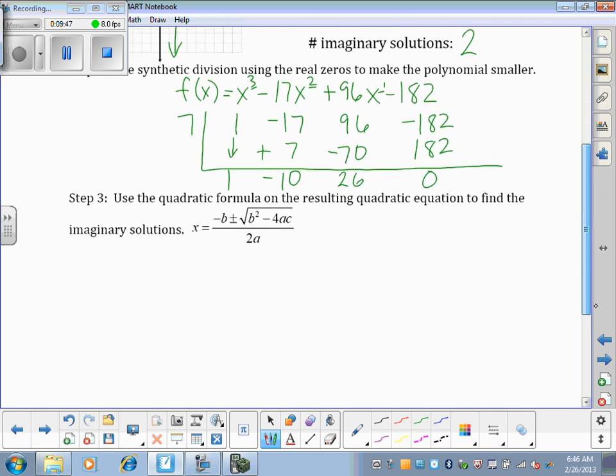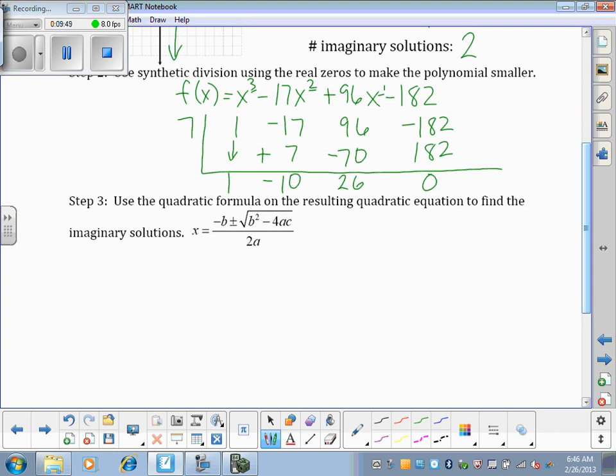Now, if we were to rewrite this using our synthetic division, we would get x squared minus 10x plus 26 as our new function that we're trying to find the roots for. Now we're going to have to use the quadratic formula for this. So a equals 1, b equals negative 10, and c is equal to 26.